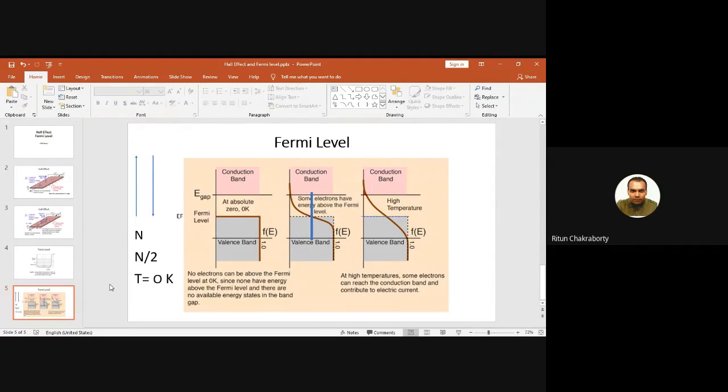That is the main condition, and that is where the concept of Fermi energy or Fermi level comes. Therefore the N by 2 level is known as the Fermi level, and the energy corresponding to the Fermi level is known as the Fermi energy. So more or less you have understood this much.